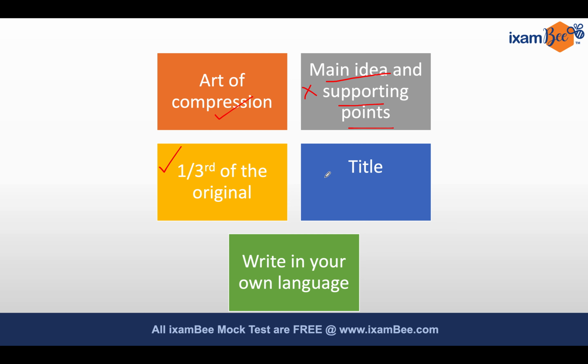It also needs to reflect the essence of the paragraph. If you read the Precis and you cannot understand what it's all about, then the title makes no sense. It's not appropriate. So, in order for your title to be appropriate, it should be short and crisp and it should reflect the essence of the passage, right?